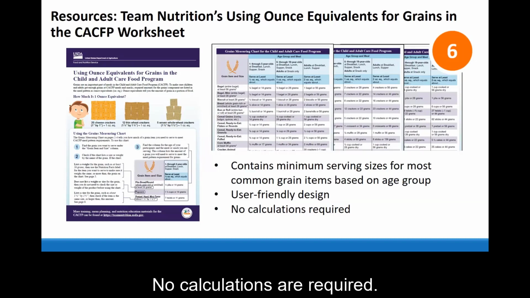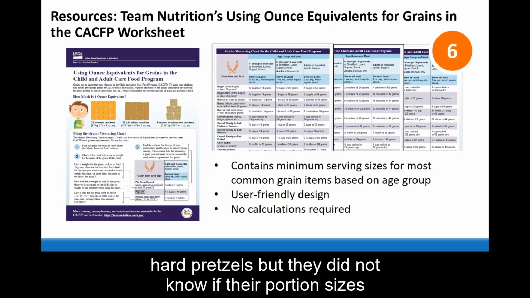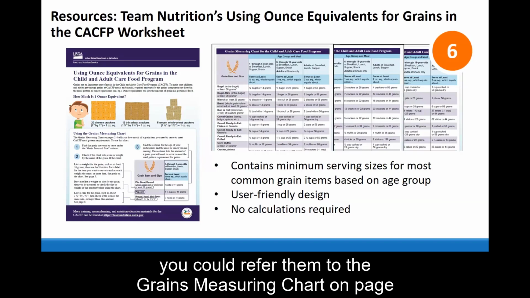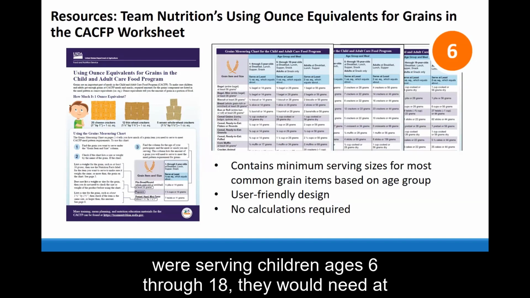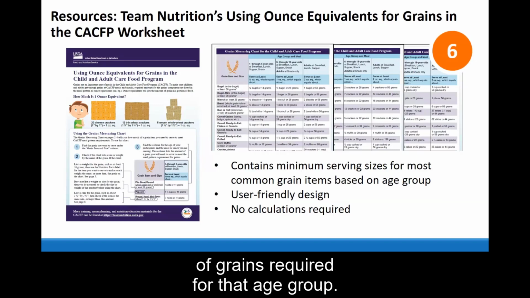No calculations are required. For example, if you had a center that was serving mini hard pretzels, but they did not know if their portion sizes met the minimum amount required for their after-school kids, you could refer them to the grains measuring chart on page 4 of this worksheet, and it will let you know if they were serving children ages 6 through 18, they would need at least 14 pretzels to meet the 1 ounce equivalents of grains required for that age group.